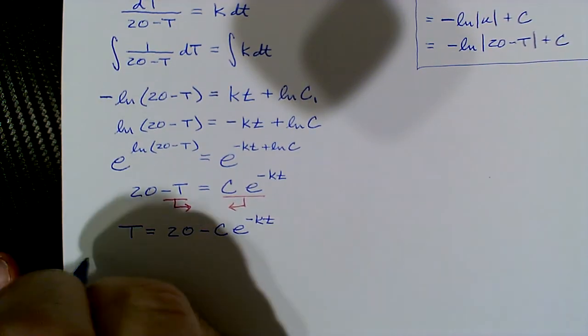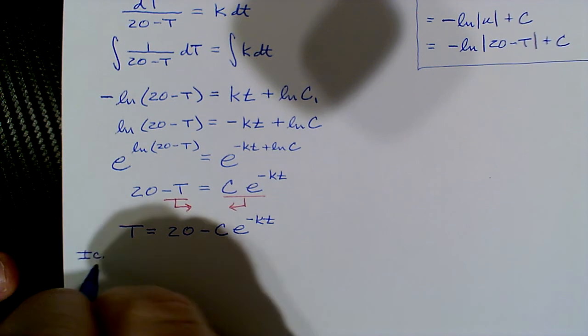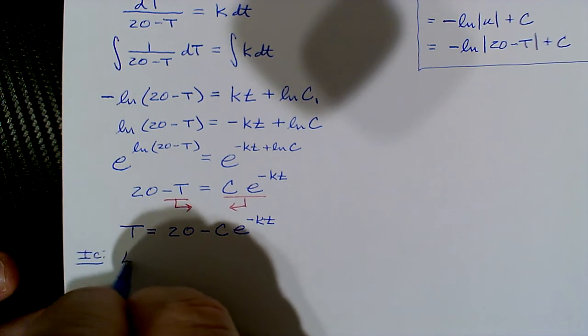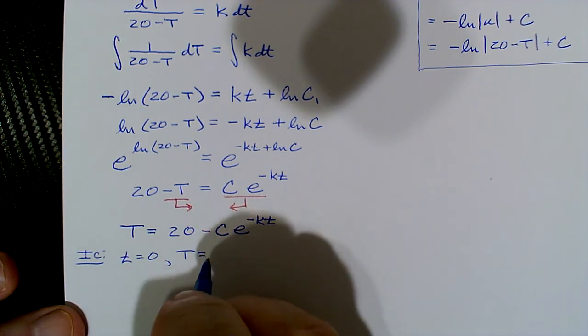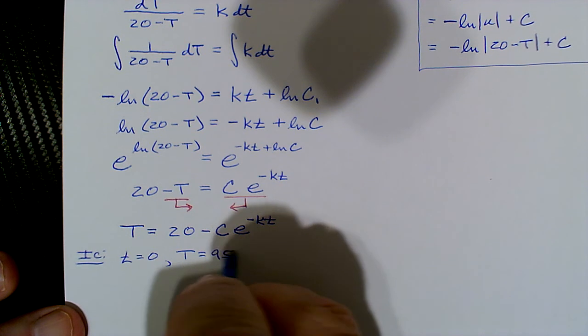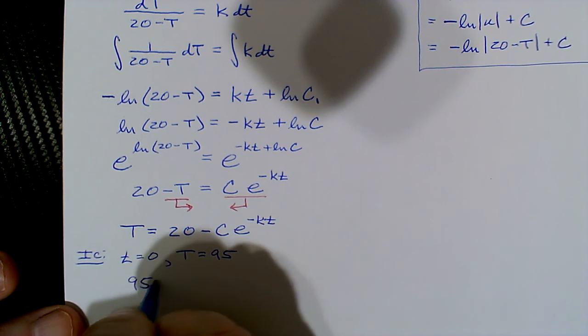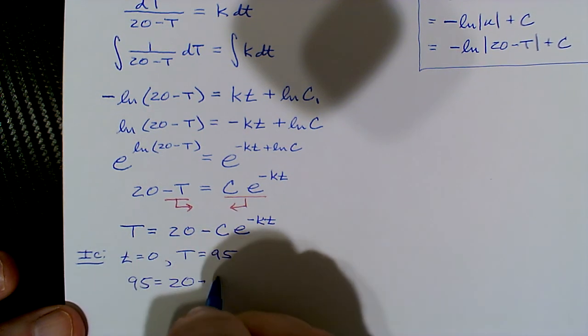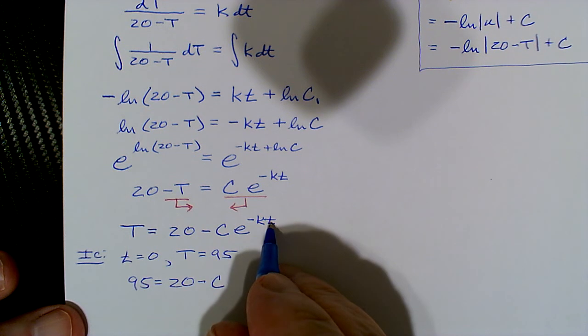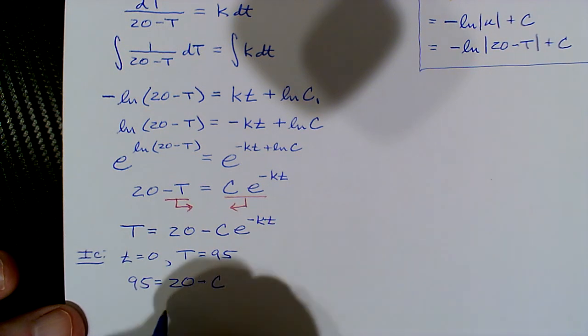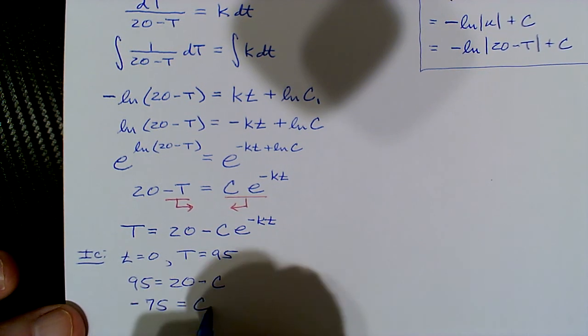Okay, so now the initial conditions. At t equaling 0, the temperature was 95. So 95 equals 20 minus c, because t is 0, that's e to the 0. So this would be 75, but then negative, so c is negative 75.